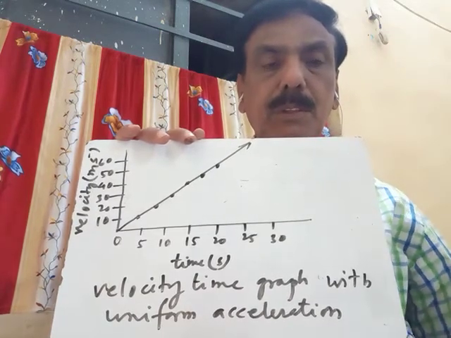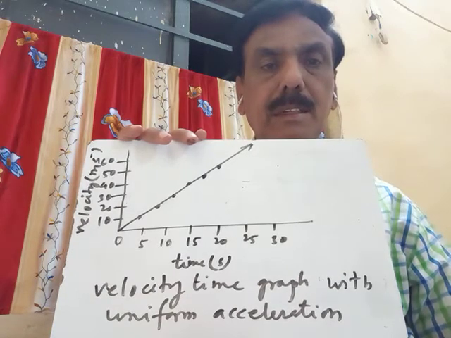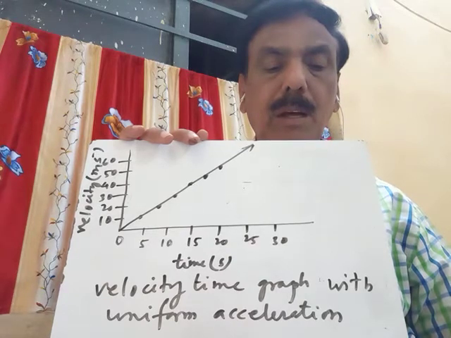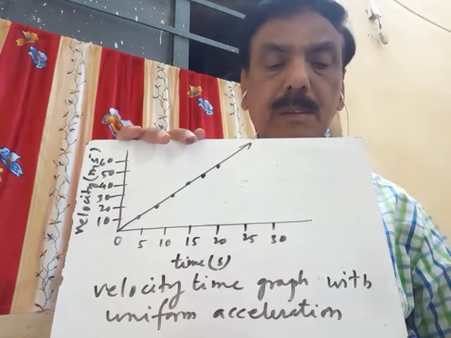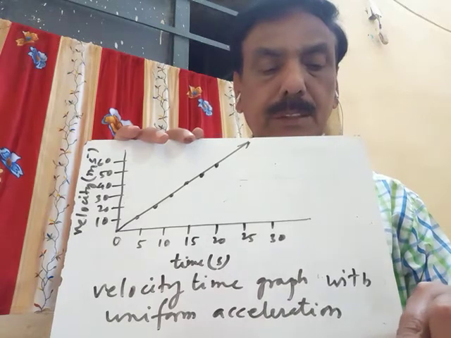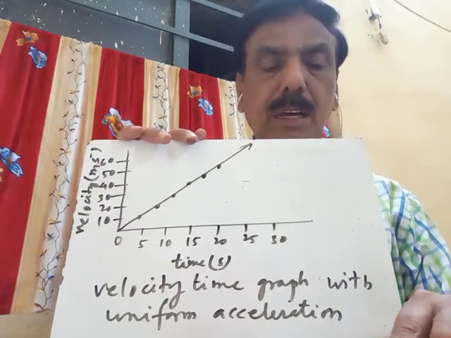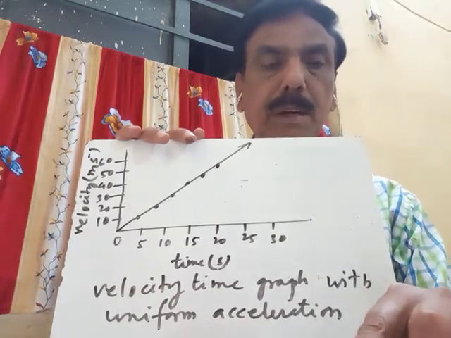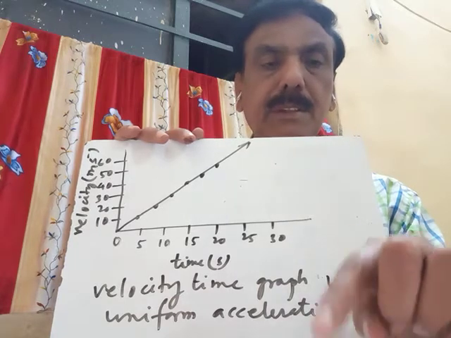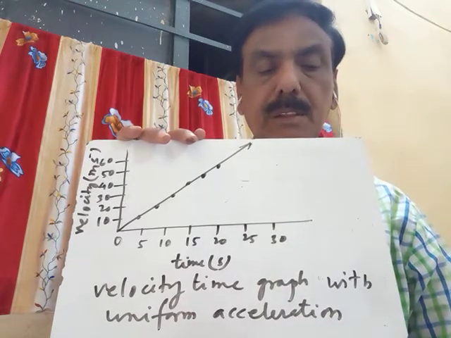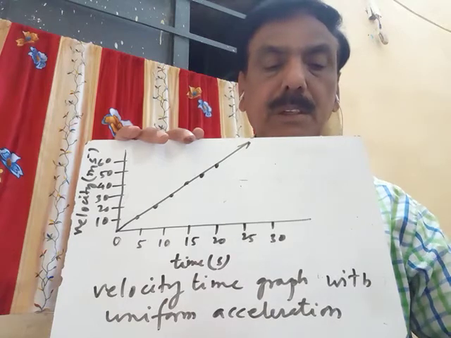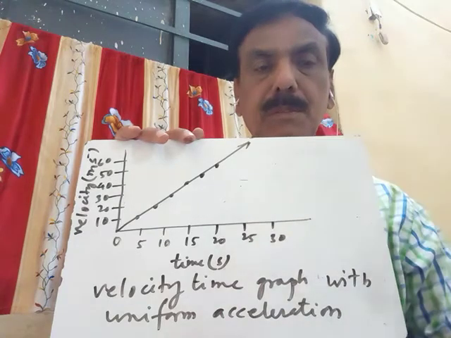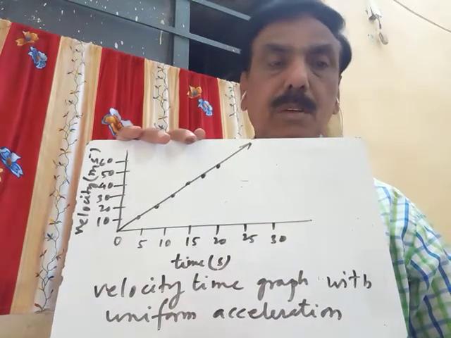When the body moves with uniform acceleration, then the graph is a straight line, and the body changes its velocity in equal intervals of time and covers the same distance in each and every hour. So this is the velocity time graph for motion with uniform acceleration. Uniform acceleration means the velocity is changing uniformly.